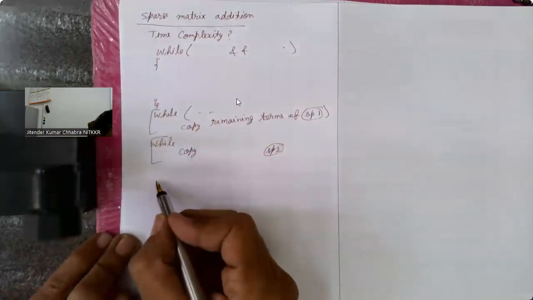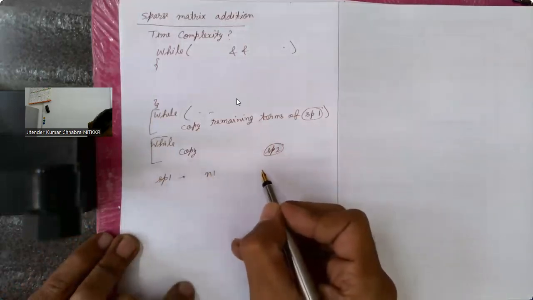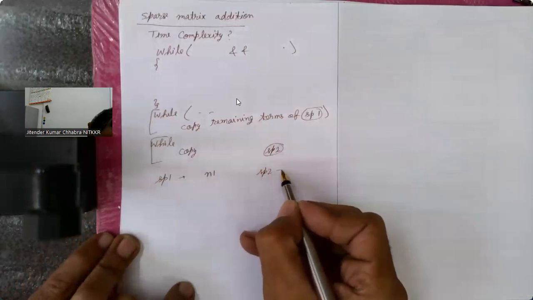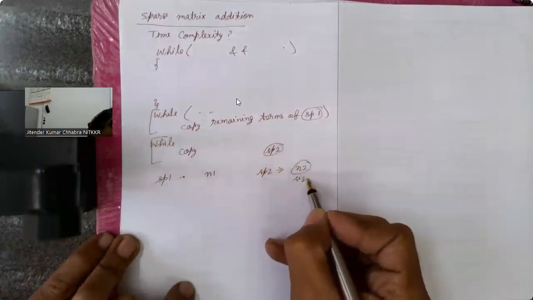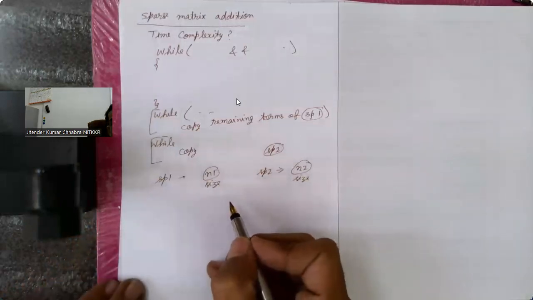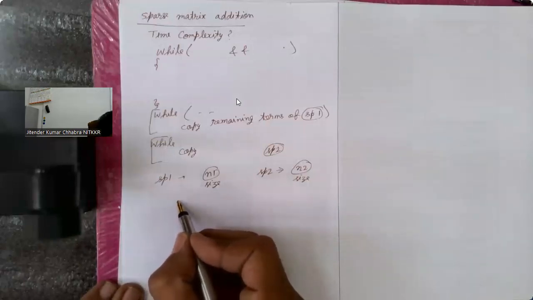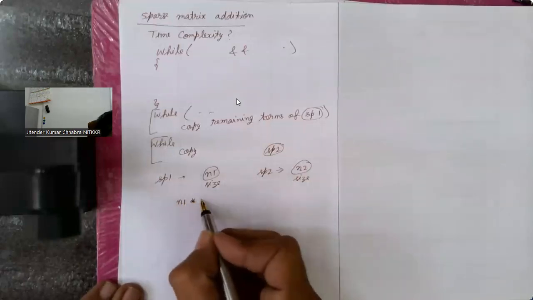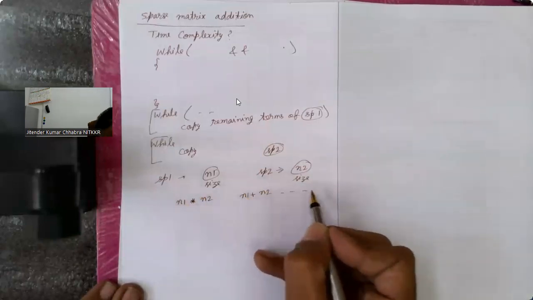So if I assume my SP1 has, let's say, N1 nodes, the number of non-zero elements, and SP2 has N2 as its size. Size means number of non-zero elements. How much is going to be the time complexity? Of course, now you have to think whether it is N1 into N2 or N1 plus N2 or something like that.